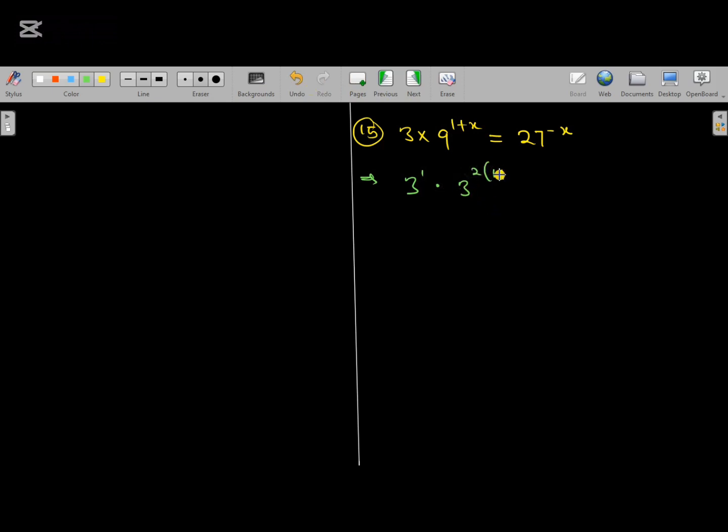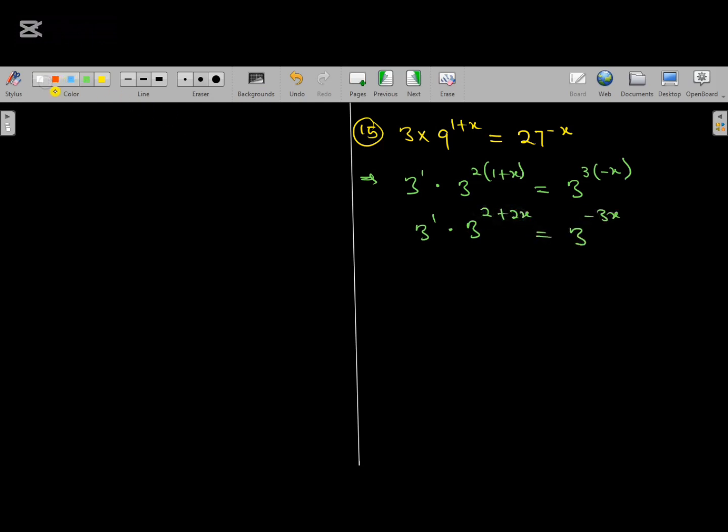And that 2 will multiply the existing power, which is equal to 3 to the power of 3, which will also multiply the existing power. All right, so here I can try to open my brackets. So here I will have 2 plus 2x.